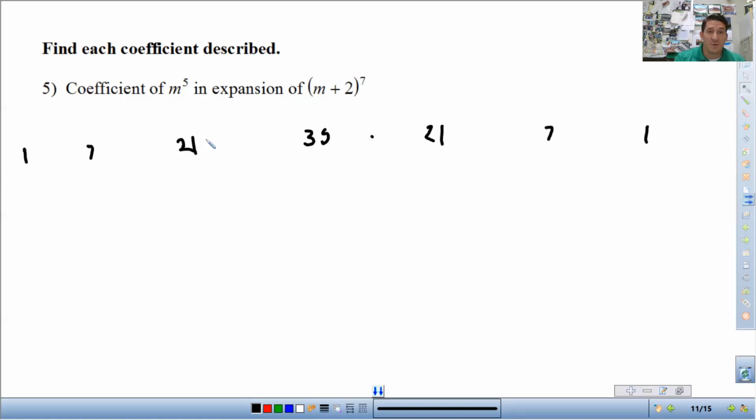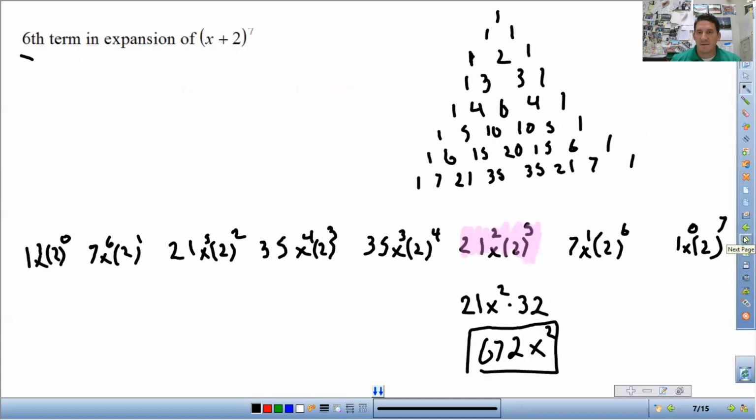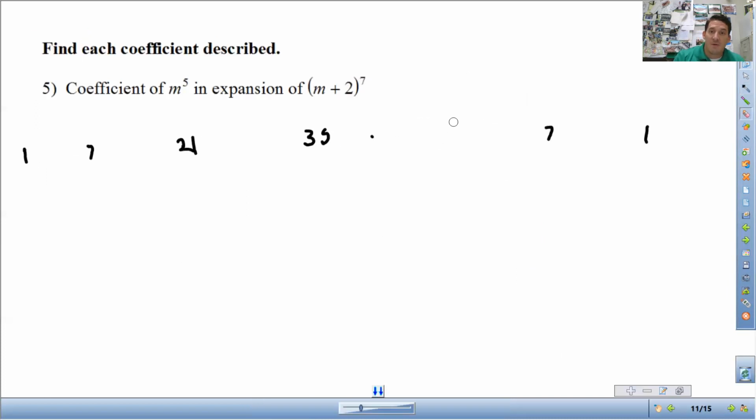So 1, 2, 3, 4, 5, 6. I'm missing something, aren't I? Are there 35s? Yes, there are 35s. That would have been a mistake. So 1, 7, 21, 35.